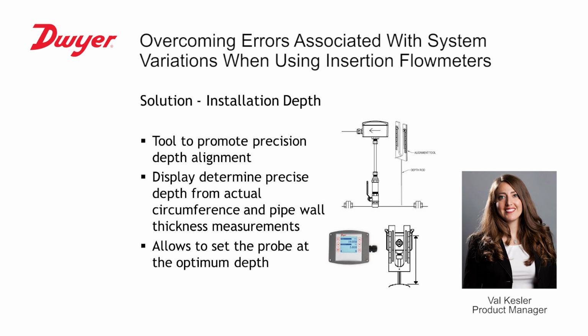Going back to being able to input that information in the display, it is not only able to determine your correct inner pipe diameter to give you the correct flow rate, but it can also provide you the precise depth for the circumference and pipe wall to ensure that you're getting the correct accuracy on your actual insertion as well. So this ultimately allows the probe to be set at the optimum length very easily, with the use of the tool that I have displayed here, as well as the display where you would put in that information.